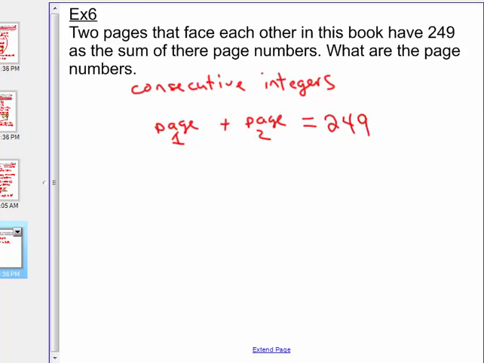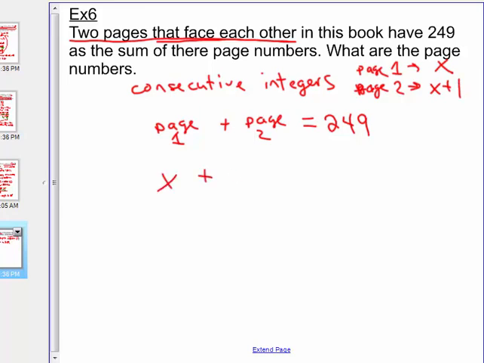Now, what are the numbers? Well, we don't know, but page 1, I don't know what that is. We could say x. But what do I know about page 2? It's right next to it, which means 1 more than that. So if page 1 is x, page 2, the next number that faces it, will be x plus 1.